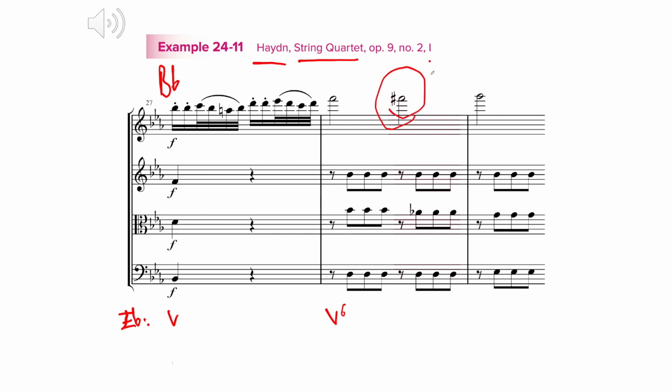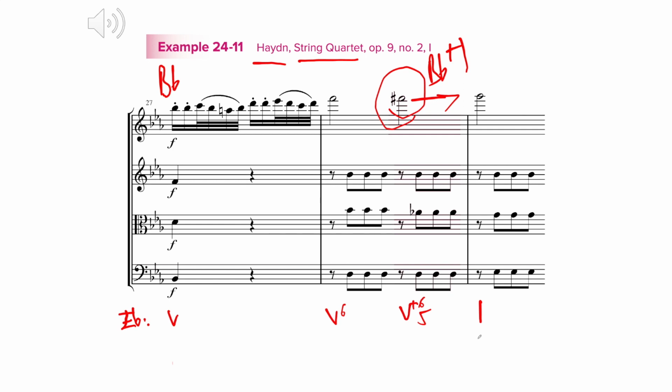And here B flat augmented chord with F sharp. Actually 7, also 7. That means 5 plus 6, 5. And as usual, the raised fifth moves up and then we have our tonic chord.